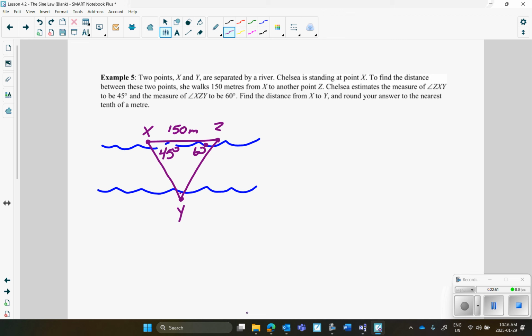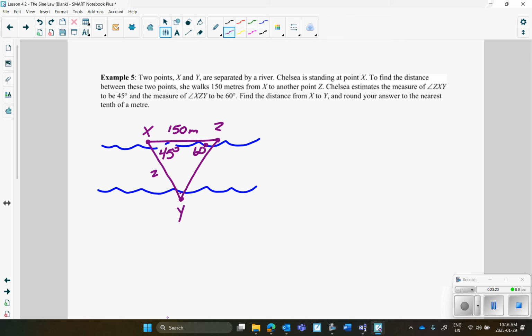We want to find this, so for argument's sake I'm going to call it little z because it's opposite capital Z. Like I said, pretty much every time you're going to be given a diagram. This one we had to make, but it's okay.